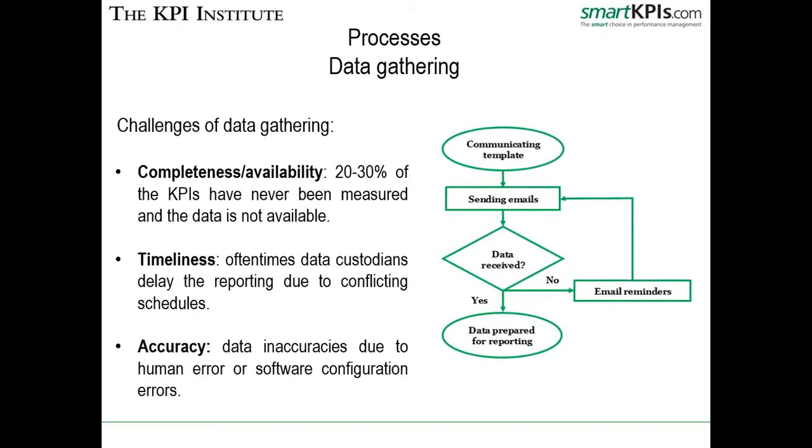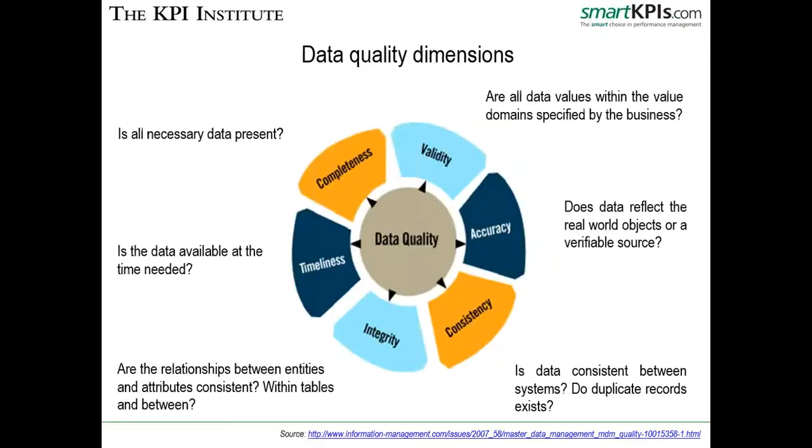Now, in terms of data gathering, one of the issues is the quality of the data. We've discussed about making KPIs active. We've discussed a little bit about sending the data in due time. Now, another issue is with the data quality.